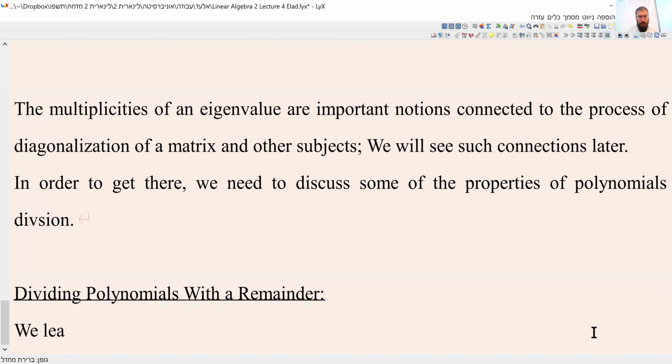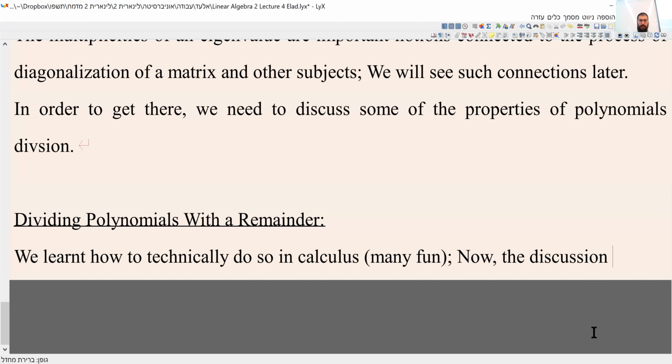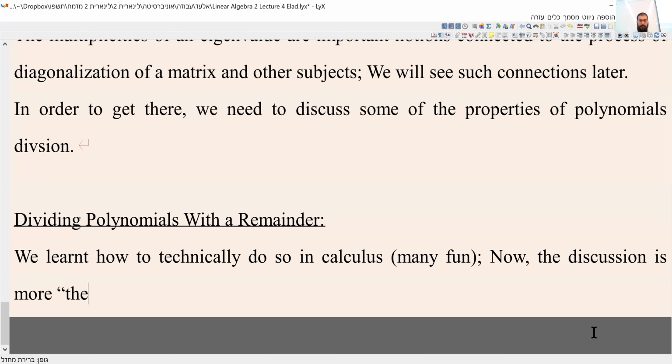We learned how to technically do so in calculus, and now we talk about it more theoretically.